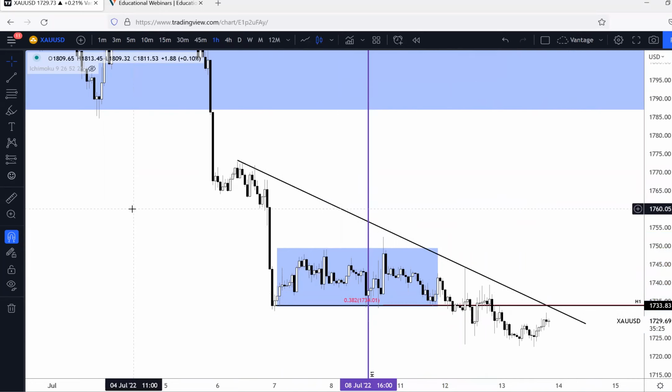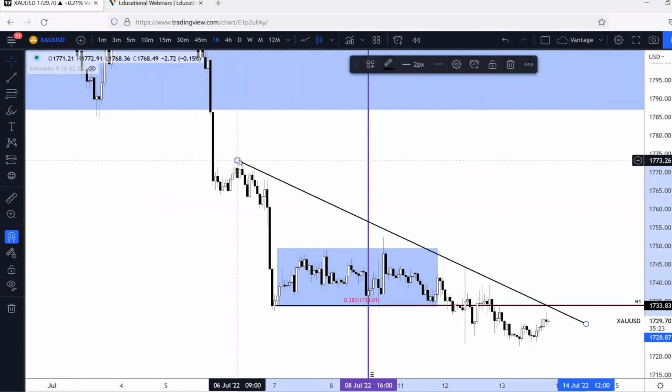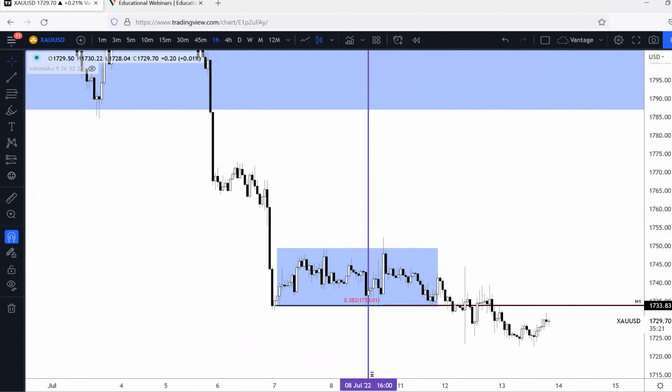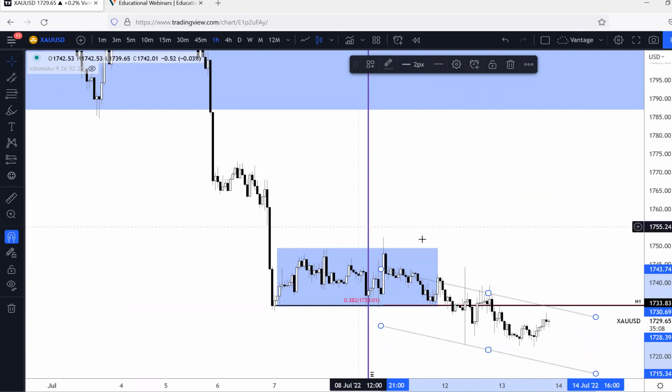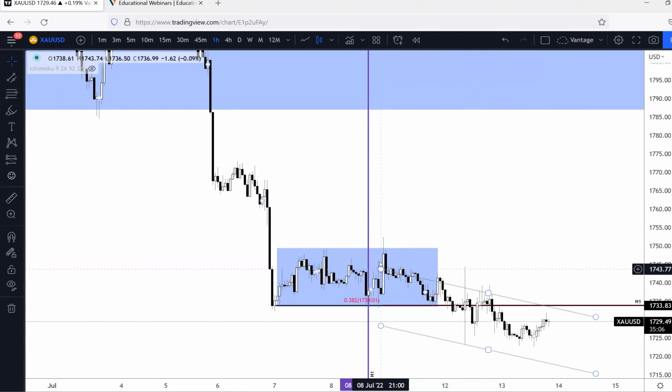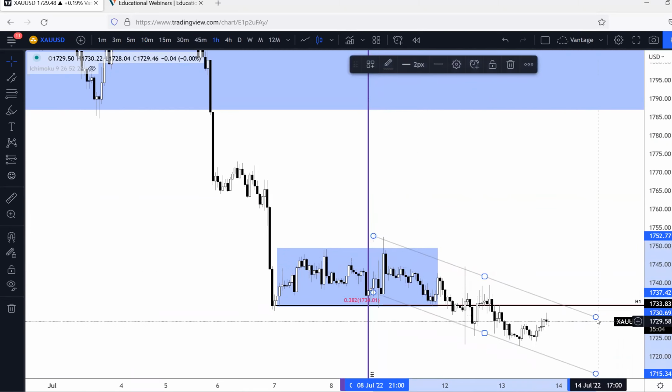Or if you want to be even more specific, I believe there's also a channel here. So that's what we have on gold. You can see there's this descending channel here as well.